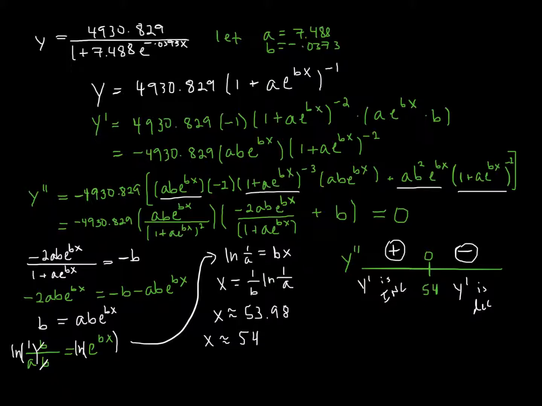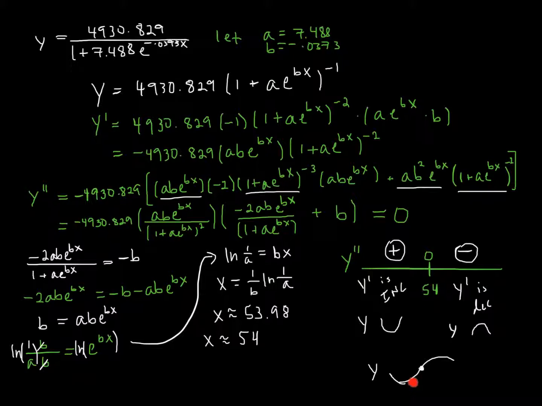And so 54 years after 1910, we will hit a point of inflection, meaning, of course, that y, the population, is currently concave up. And then at 54, it changes to concave down. So if you imagine this graph, something like this, right at 54 here is where the slope of y, this is y, is at its greatest value.